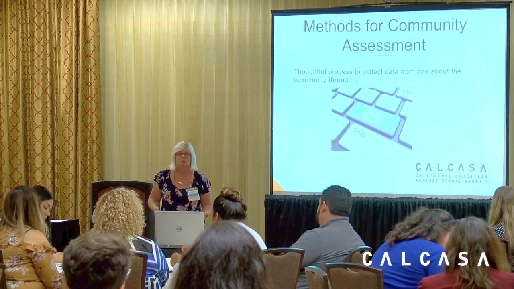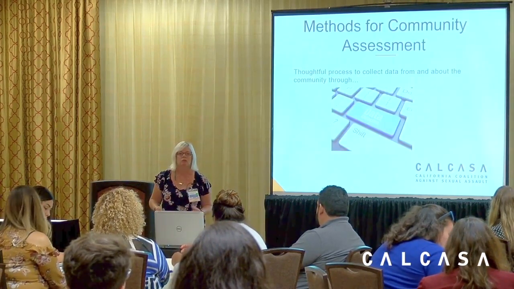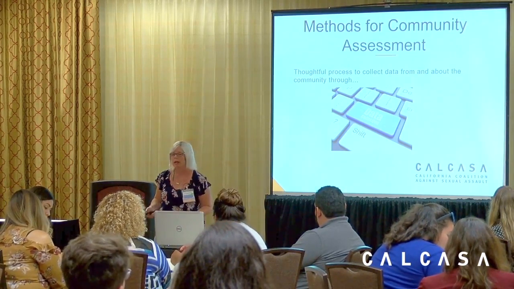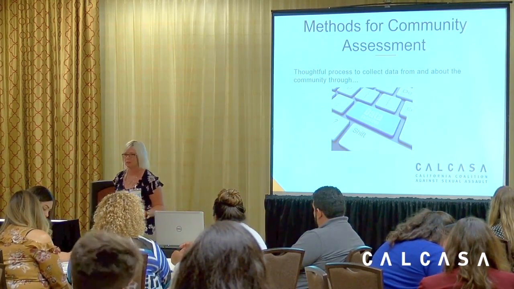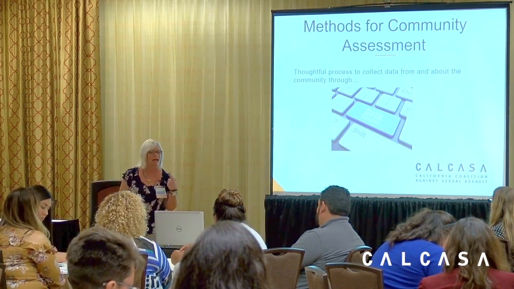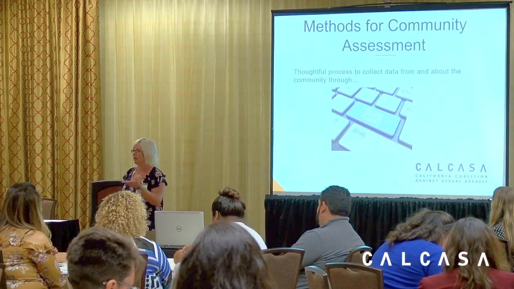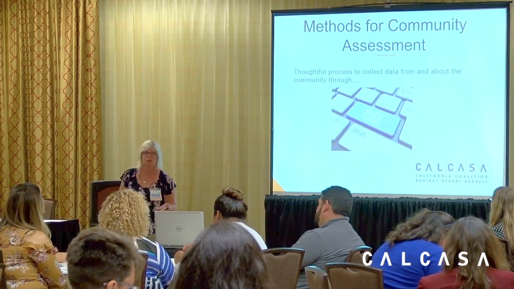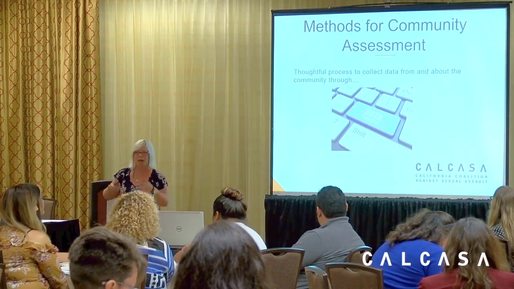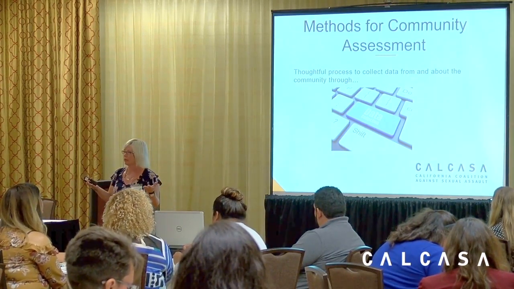So when we're talking about how we do that community assessment, we want to have a thoughtful process. We want to spend a little time thinking about who the community is. Do we have a primary audience already in mind? A lot of people are working in schools. So we might start with those students at the school, and then build out to look at some other data points.